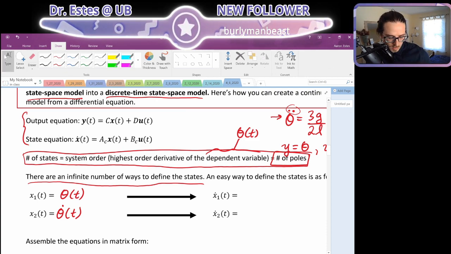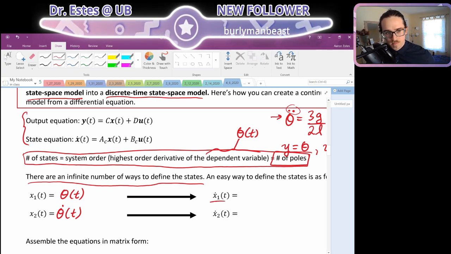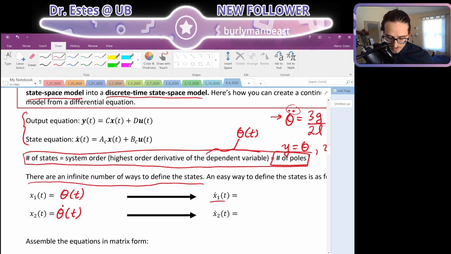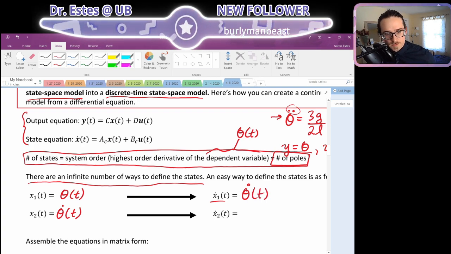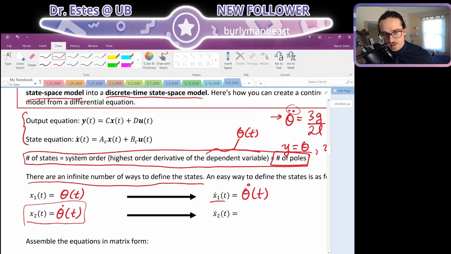The next thing you do, you take the derivatives of these state equations. So if you take the first derivative of x1, this would be theta dot of t. But notice this, theta dot of t is equal to our second state, x2.